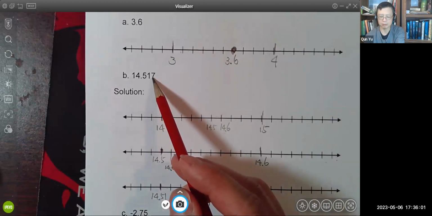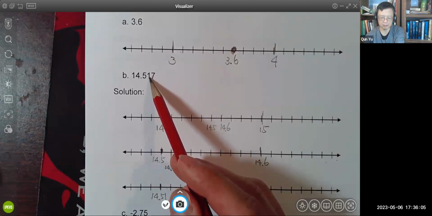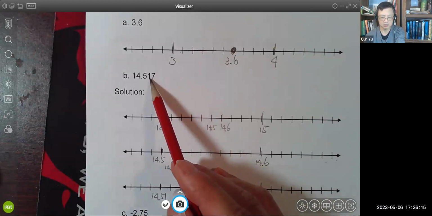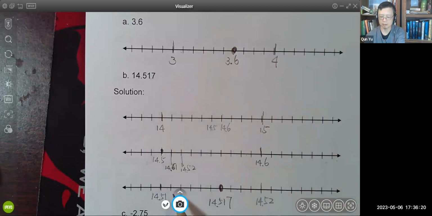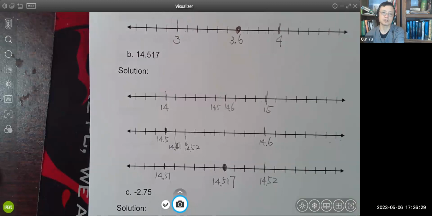Look at the digit to the left of the last digit. If this is 1, your interval is between 14.51 and 14.52. If this is 3, your interval is between 14.53 and 14.54. So you just create that bracket and locate your actual number in between. That's how we graph a decimal number on the number line, so we only need this in the end.